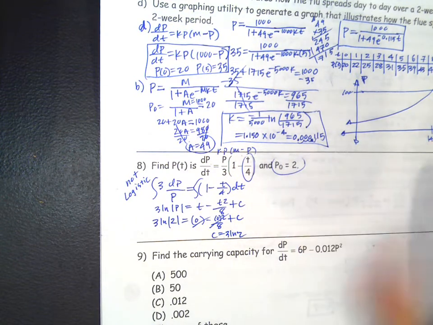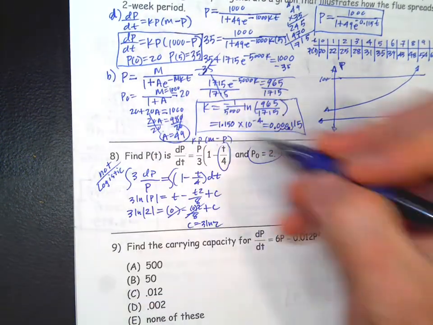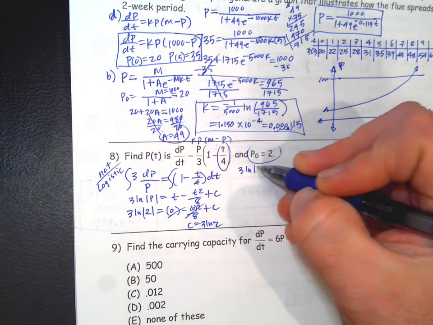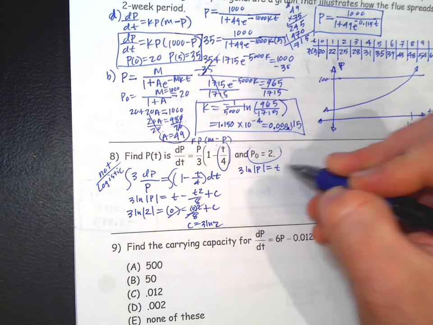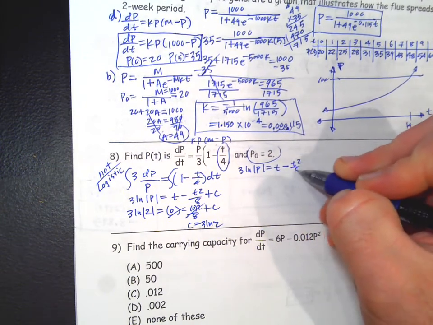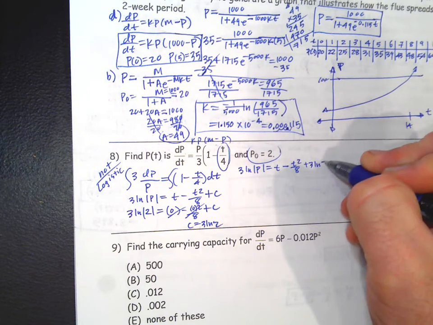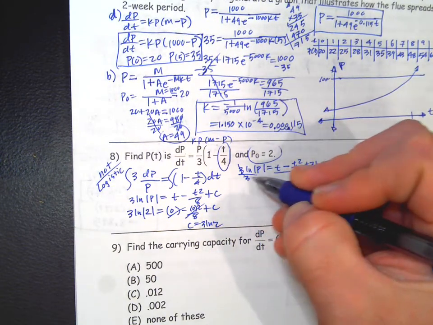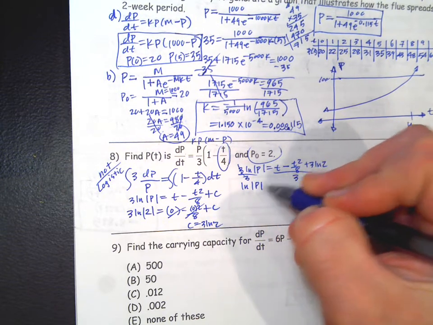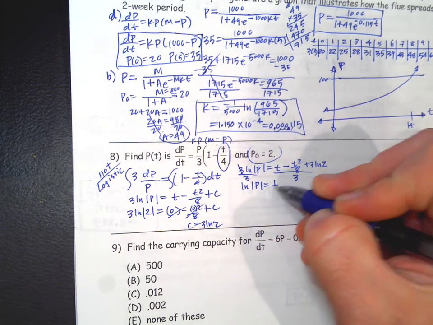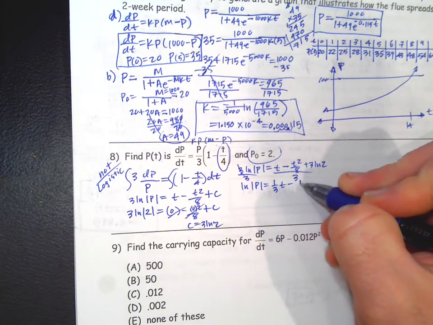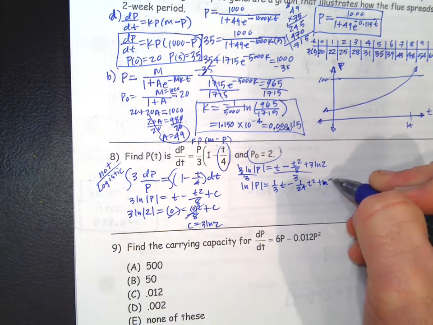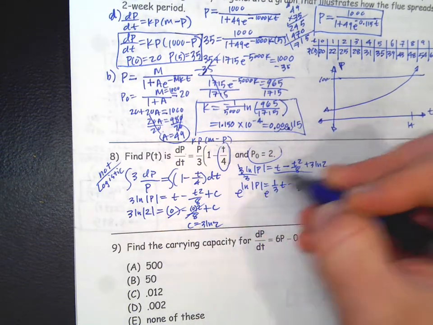All right, so we're going to plug it back in. So we have 3 natural log of the absolute value of P equals T minus T squared over 8 plus 3 natural log of 2. We're going to divide everything by 3. Let's see, what do we get? 1/3 T minus 1/24 T squared plus natural log of 2. We're going to exponentiate both sides.